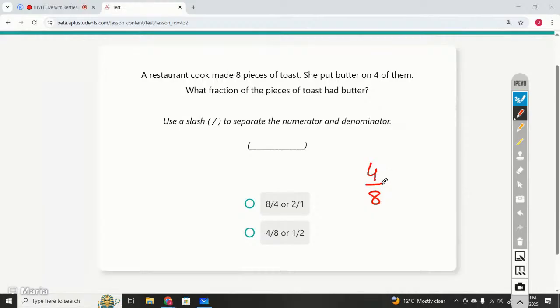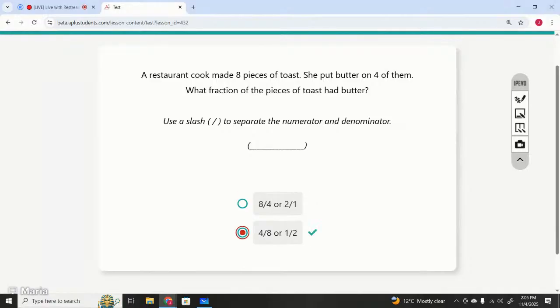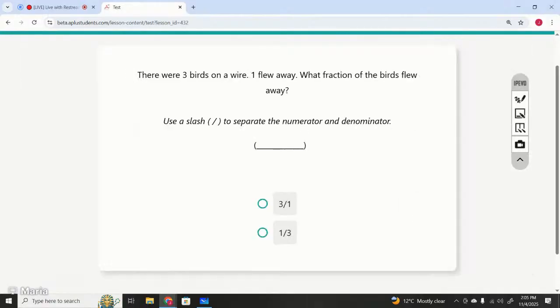So we have to write the answer in simplest form. So we need to divide by the greatest number that can divide both numerator and denominator, right? So divide both of them by 4. That is 1 over 2. So option number 2 is the correct option, 4 by 8 or 1 by 2.